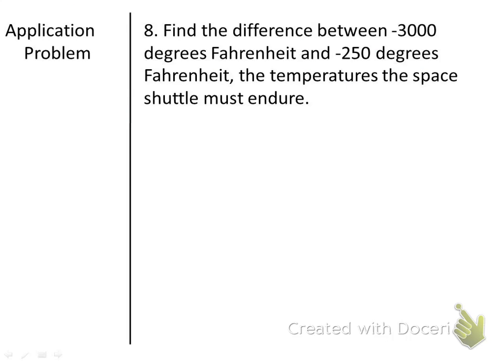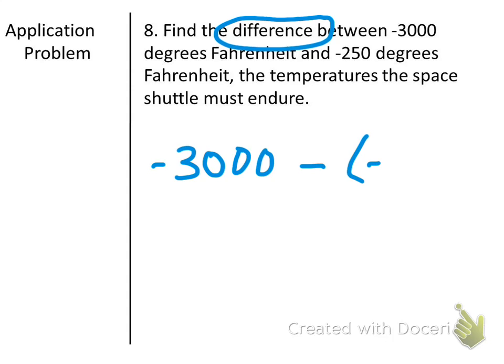Okay, this is the last problem in our notes. Number 8, find the difference between -3,000 degrees Fahrenheit and -250 degrees Fahrenheit. We know that the difference problem means subtraction. So we're going to be subtracting. So -3,000 minus -250. Uh-oh. Well, we have a negative.